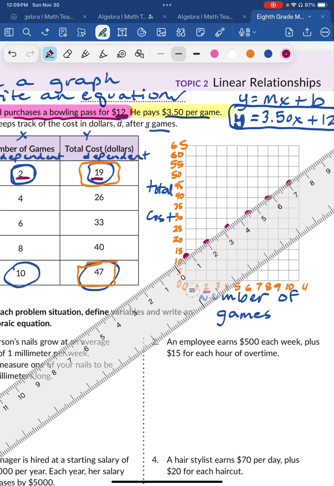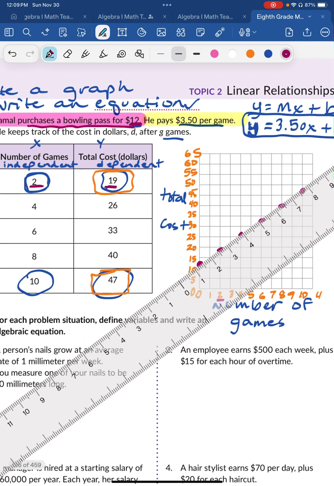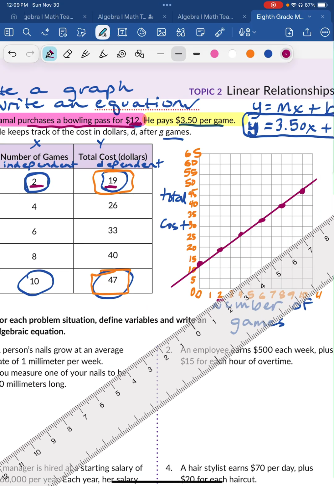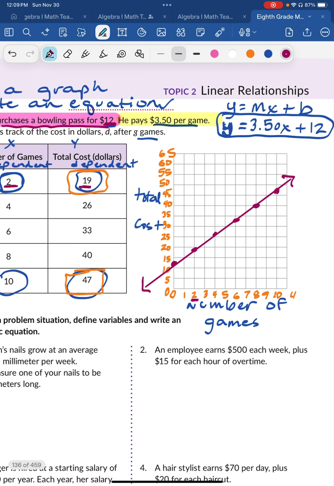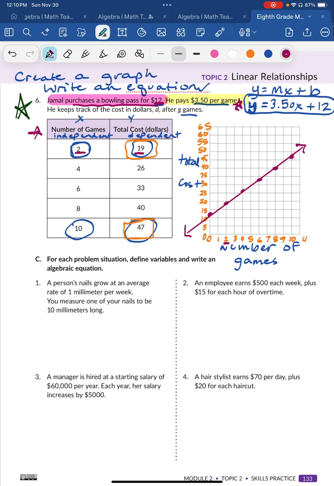So we can connect the dots and make it look nice. And there we have our line. There we have our equation right here. We have our table right here. So we created a graph and wrote the equation. If you have any questions on that, let me know. I'm going to be moving on to the next one.